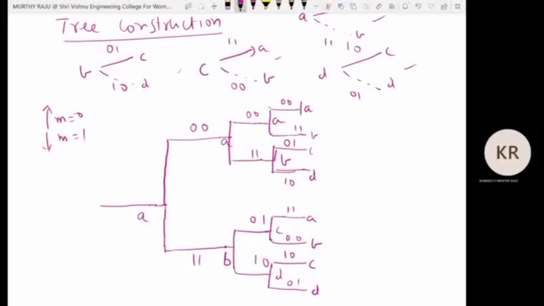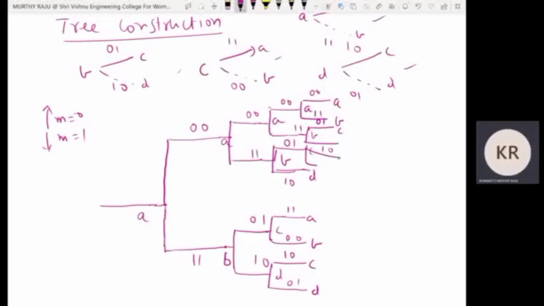Here again A to A is 0 0, A to B is 1 1. Next, B to C is 0 1 and B to D is 1 0.